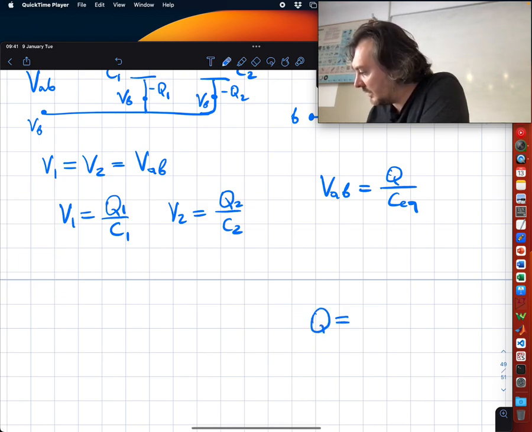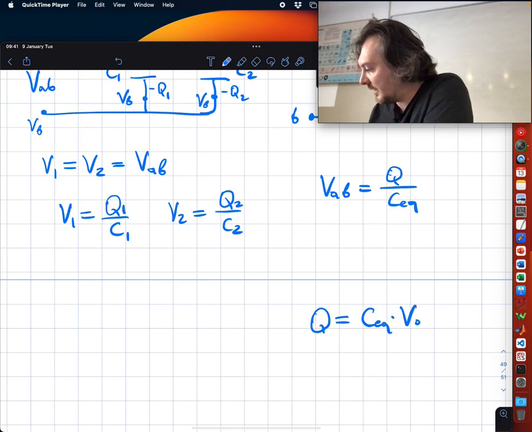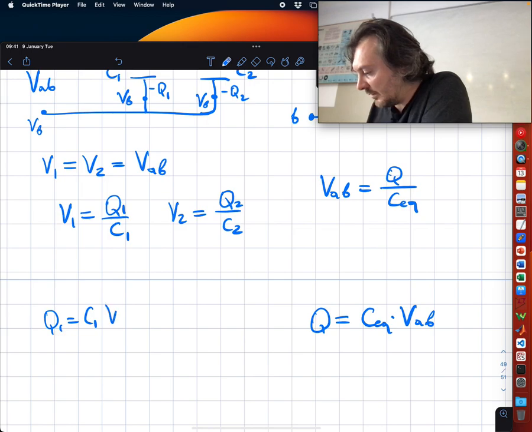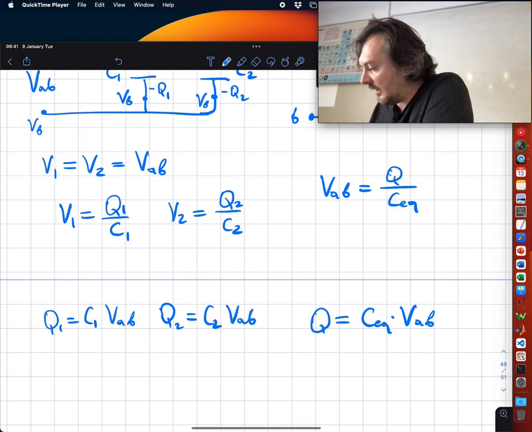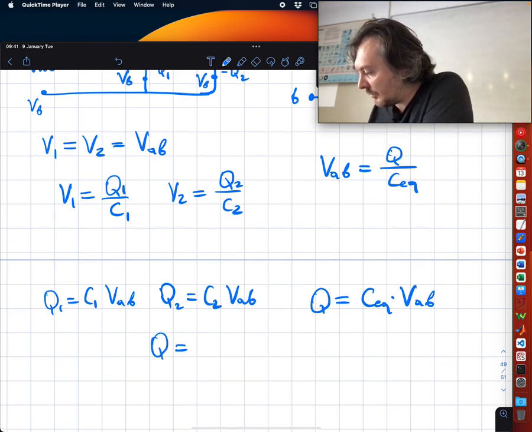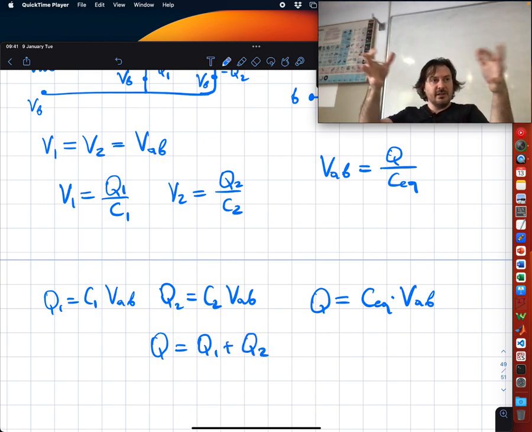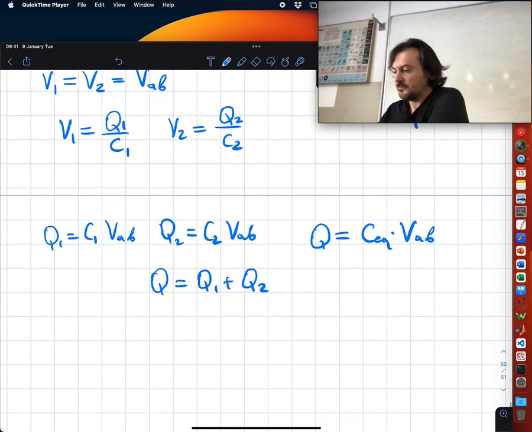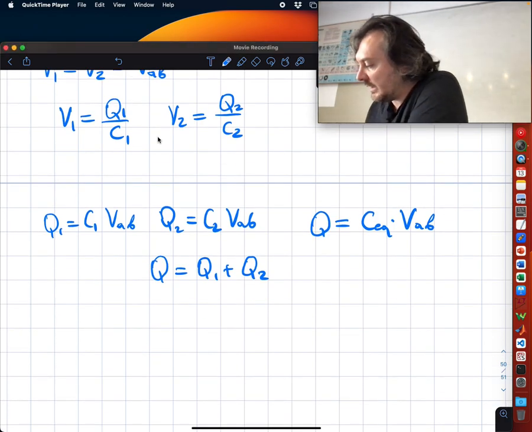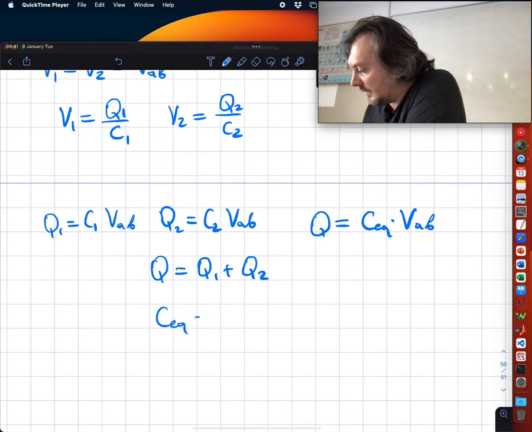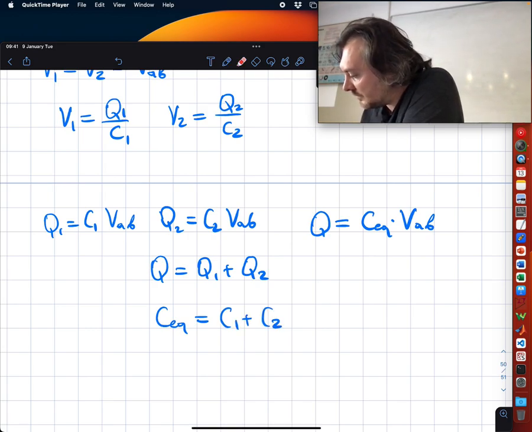Q is equal to C equivalent times VAB, while over here, Q1 is equal to C1 VAB, Q2 is equal to C2 VAB, and Q is equal to Q1 plus Q2, because we are making analogy and it has to work all the way. And that tells you that C equivalent is equal to C1 plus C2. Okay?